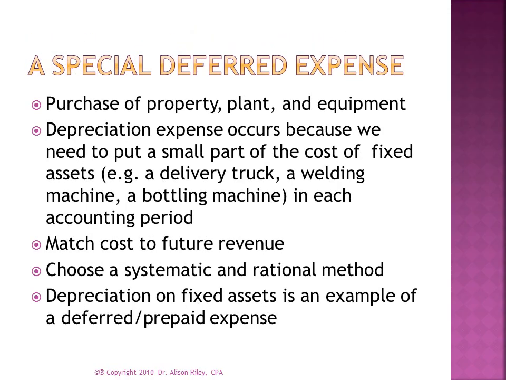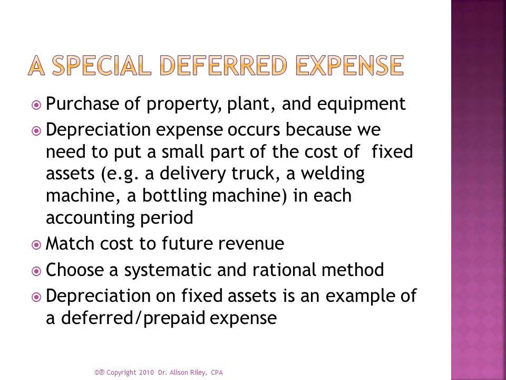The purchase of productive assets, such as factories, machines and business vehicles, is also a type of prepaid expense, in that the purchase occurs first, followed by a systematic and rational allocation of the cost into expense over time. The name for this expense is depreciation expense.